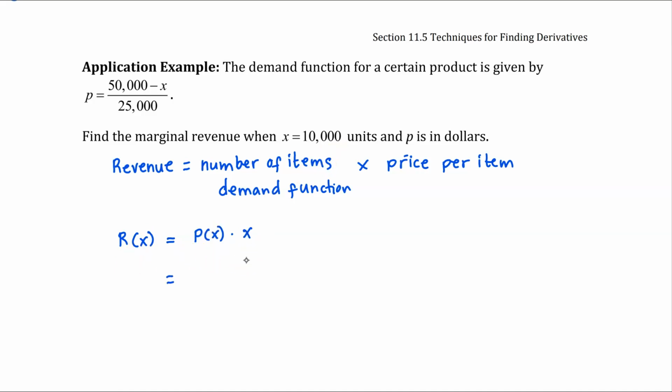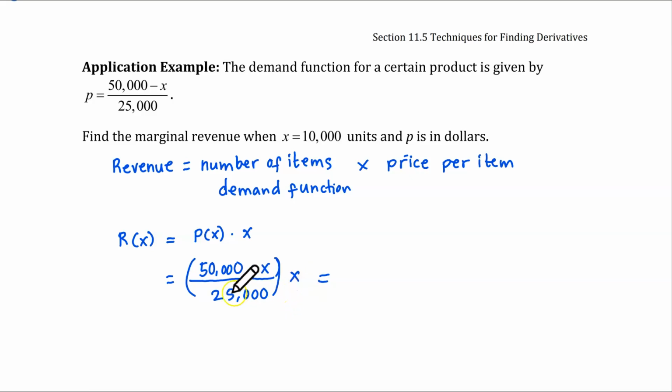So given P of x equal to 50,000 minus x divided by 25,000, we have 50,000 minus x divided by 25,000 times x. And this can be simplified as, so if you're multiplying a fraction by a whole number, you can think of the whole number as a fraction with denominator equal to 1.